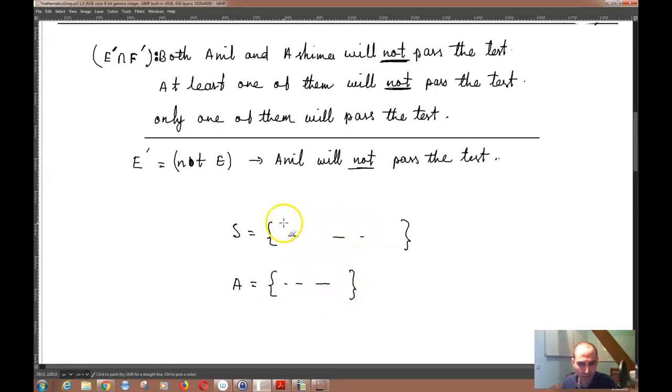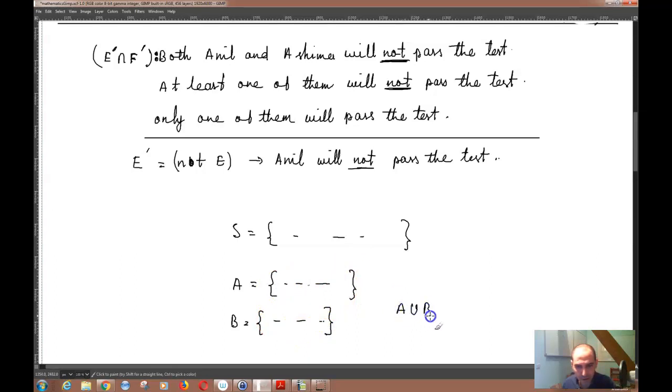Some outcomes in your sample set you can find in this set A, right? And there are other outcomes in the sample set that you cannot find in A. Those members of the sample set that you cannot find in A, you can call B, for example.